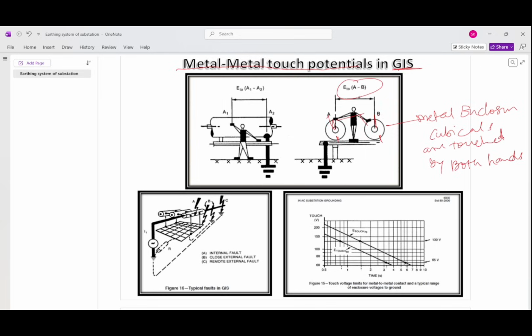So E touch A minus B potential is provided, and here it is a touch potential across two different points: one end is the cubicle and the other is the structure on which it is installed. So you can touch like this also, and here also you can experience the touch potential.